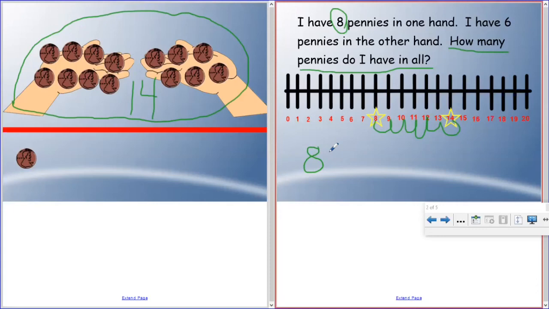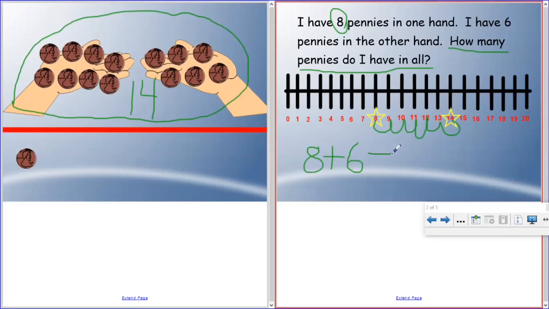What sign do we use when we're doing addition? The plus sign. Plus means to add. So we have 8. How many more did we add? It says, I have 6 pennies in the other hand. We added 6 more. So I'm going to write the number 6. And here the equation says 8 plus 6.